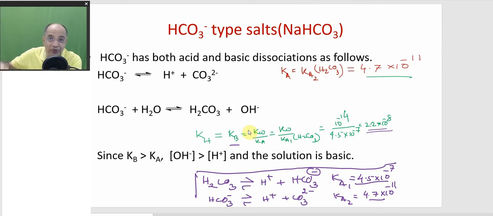Sodium bicarbonate, if you use a pH paper or pH meter to get the pH accurately, you will get around 8.3. That has been verified. And it is independent of concentrations, if the concentrations are moderate.